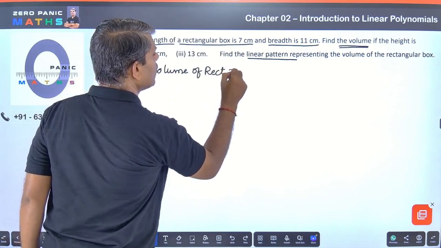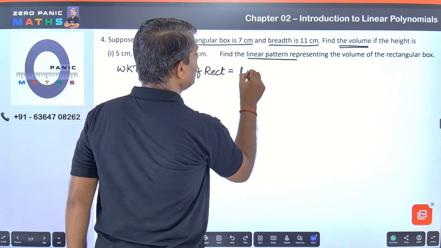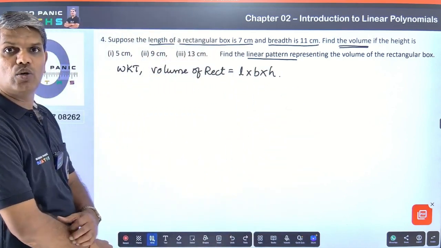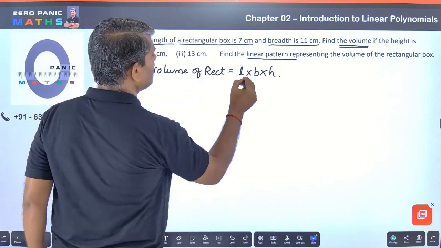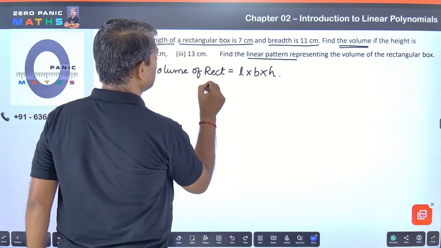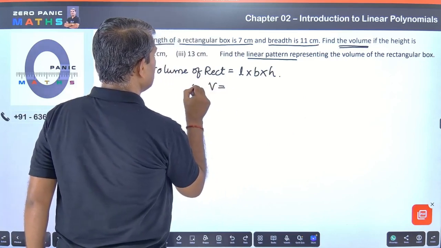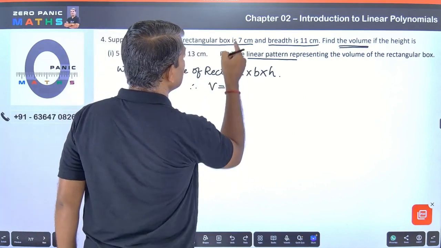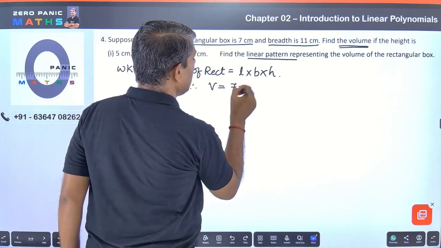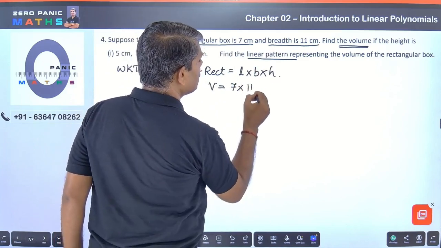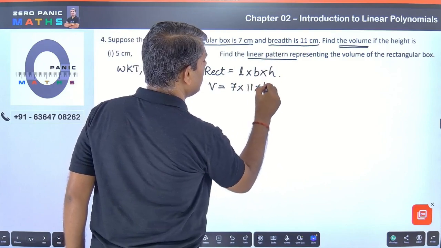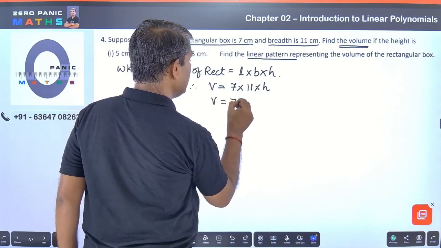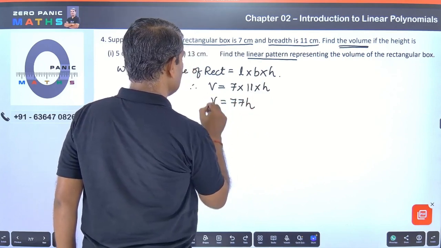Now let us write in general that volume of the rectangle is equal to length into breadth into height. If you consider V as volume, length is 7 centimeter, which is fixed, and breadth is 11 centimeter, which is also fixed, and we are going to get H. So V is equal to 77H.